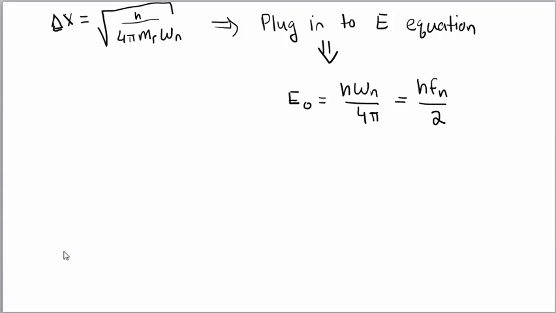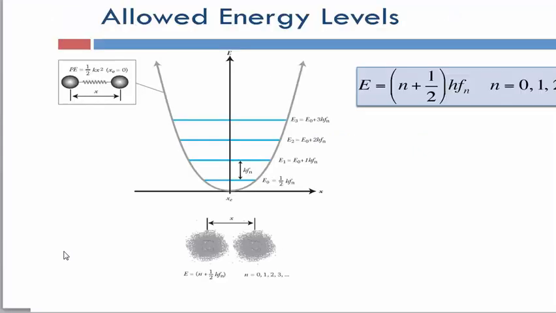Well, what does this mean? So let's circle this. Let's keep this in mind. This is the minimum energy level that is allowed in the system. So what does that mean? Let me switch to a slide here that actually shows the allowed energy levels.